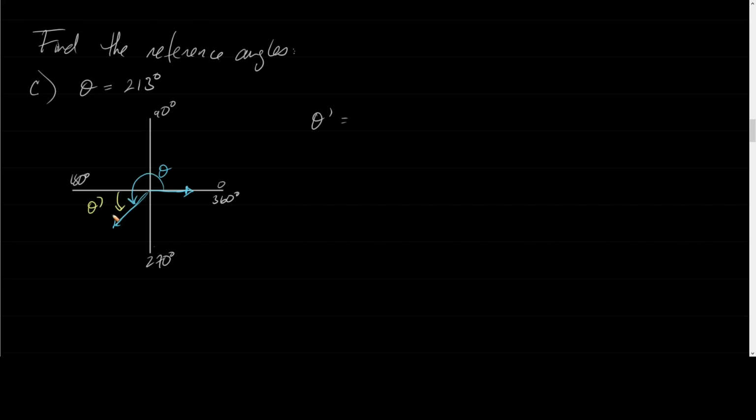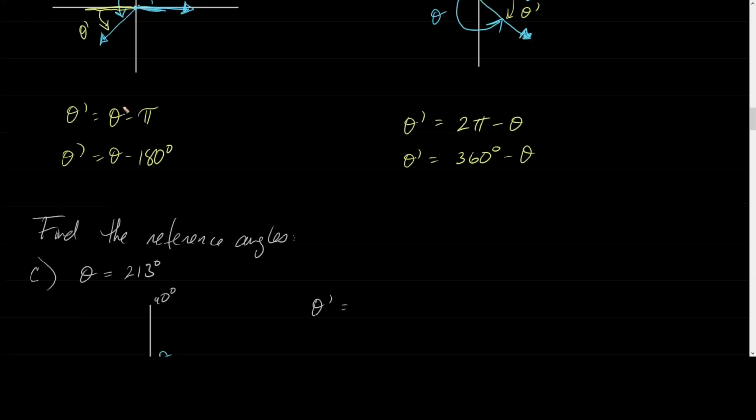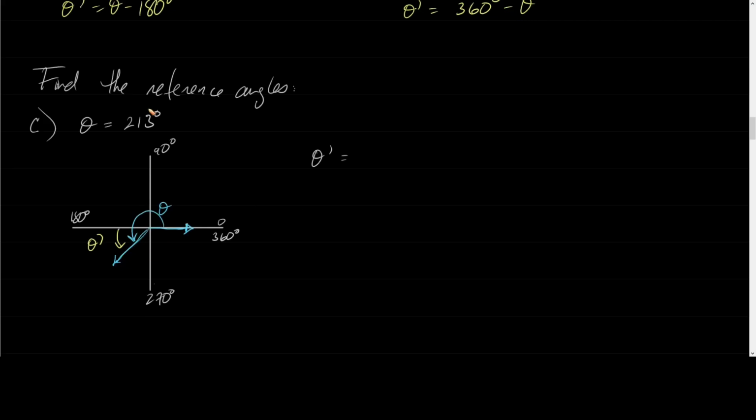In the third quadrant, the formula was theta minus pi, or theta minus 180 degrees. So we have the original angle theta minus 180 degrees, which means 213 degrees minus 180 degrees, which equals 33 degrees.